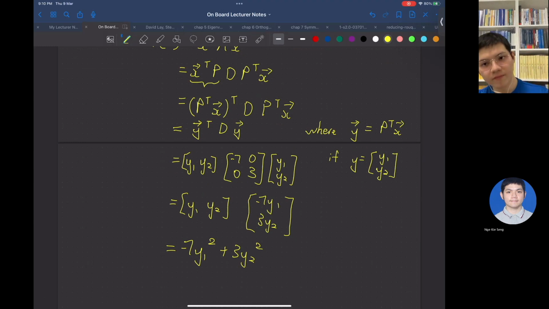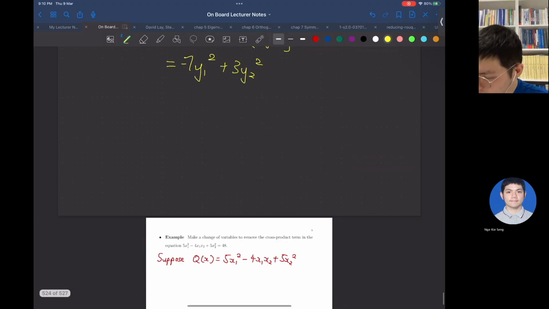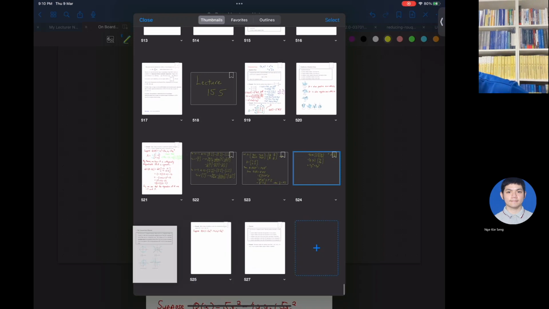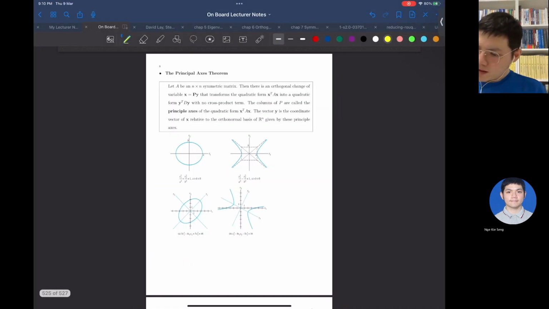So what's this actually really about? So let us bring out the theorem. The principal axis theorem. So let A be an n by n symmetric matrix. Then there's an orthogonal change of variable x equal to Py that transforms the quadratic form x transpose Ax into another quadratic form, y transpose Dy with no cross product terms.